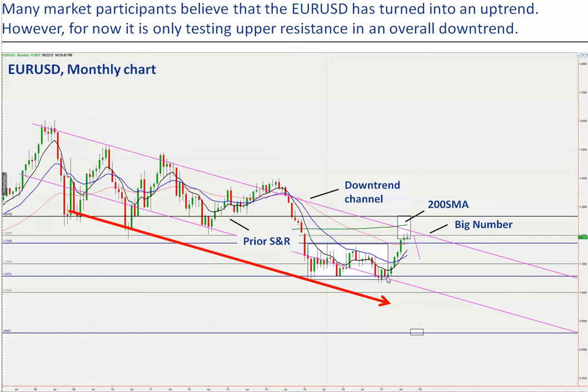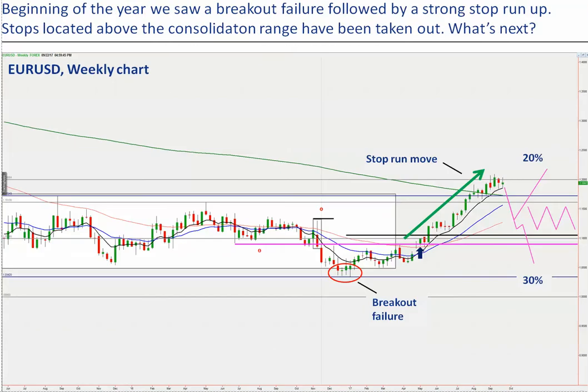A one leg move like this one is a very nice and strong momentum move, but a one leg move doesn't establish an uptrend, not on the monthly chart. What we would need to see for the monthly to be in an uptrend mode is a pullback and a re-break to new highs. Only then can we say that it's in an early reversal mode.